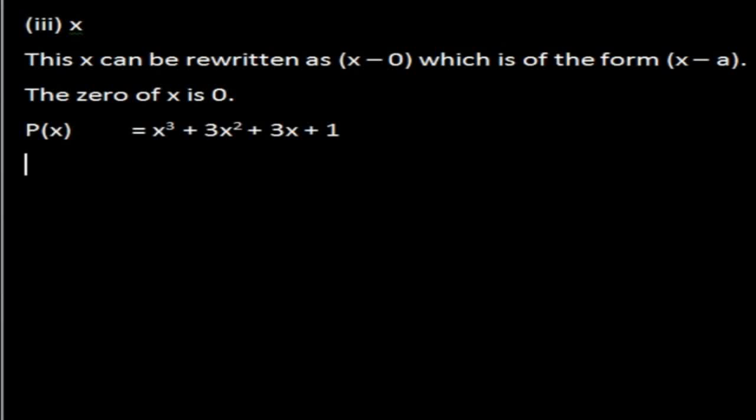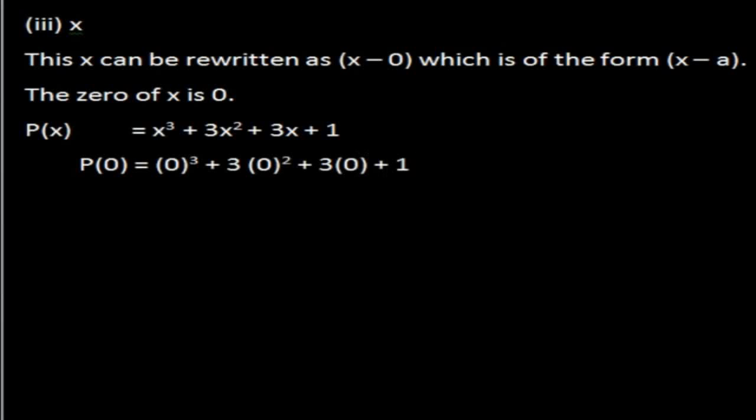Now we are going to substitute this 0. That is, we get p of 0 is equal to 0 cube plus 3 into 0 square plus 3 into 0 plus 1.